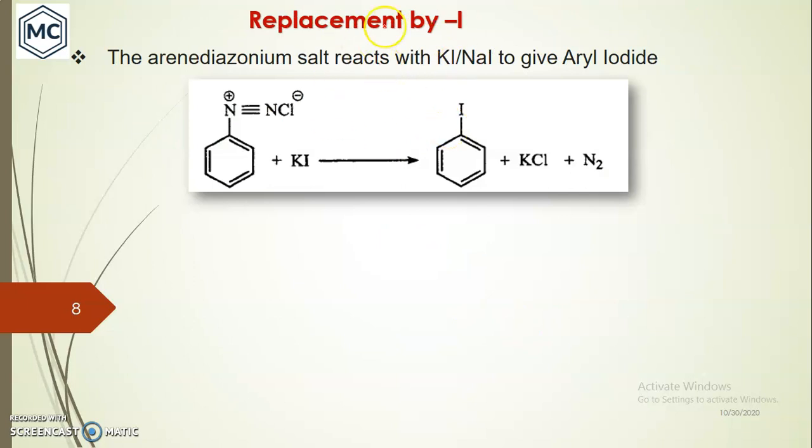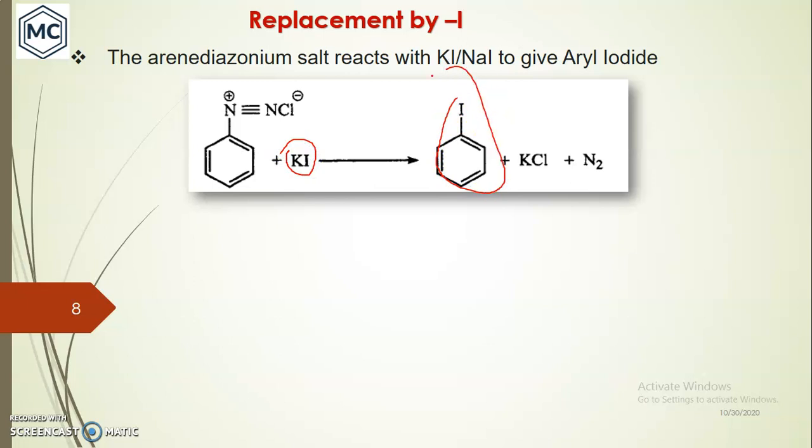So how is the iodo derivative prepared? You can replace N2 by iodine by treating the benzenediazonium salt with potassium iodide or sodium iodide, giving aryl iodide. This is the diazonium salt with potassium iodide, and you get iodobenzene.